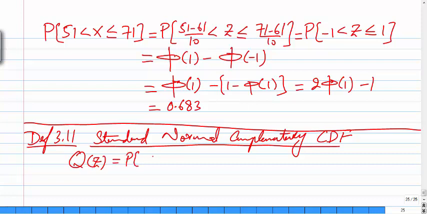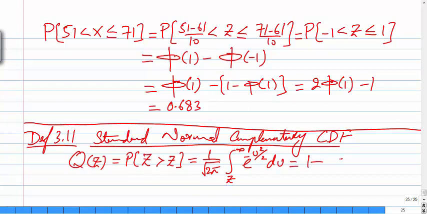What about when Z is greater than small z? So it is known as complementary. This is equal to 1 over root 2 pi, integration from z to infinity of exponential minus u square by 2 du, or it can be equal to 1 minus phi of z, because this is a complementary one.